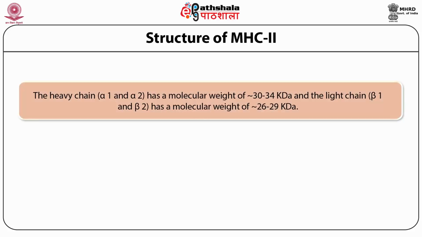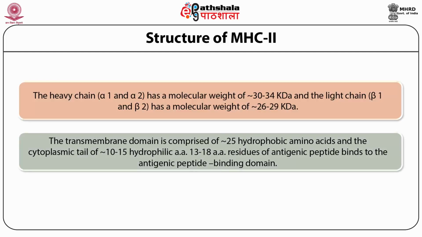The heavy chain, which comprises alpha 1 and alpha 2, has a molecular weight of about 30 to 34 kilodaltons, and the light chain, beta 1 and beta 2, has a molecular weight of about 26 to 29 kilodaltons.